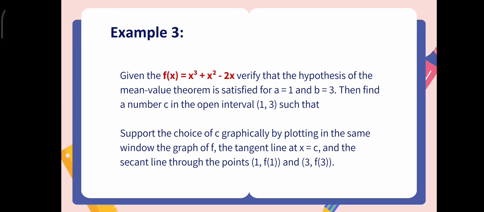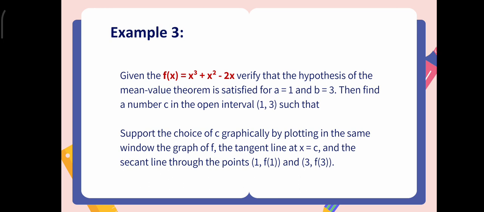It is satisfied for a equals 1 and b equals 3. Then let us find a number c in the open interval 1, 3 such that f prime of c is equal to f of 3 minus f of 1 all over 3 minus 1.